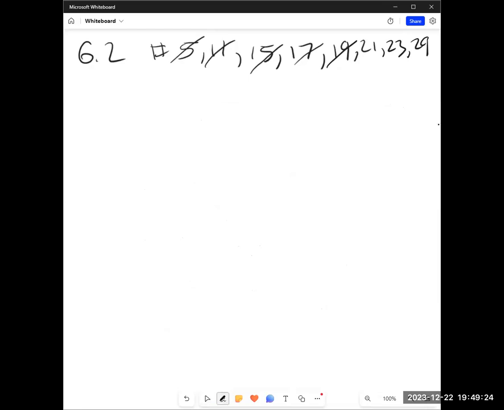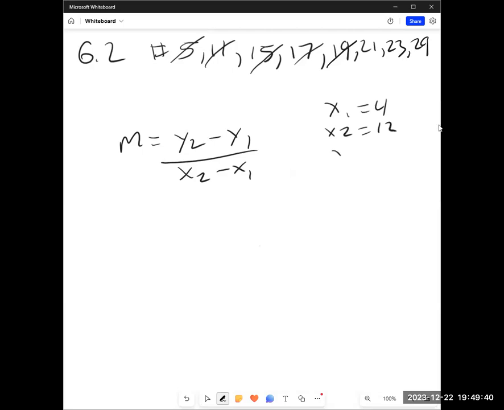Now that slope formula that we talked about in our last video, they want us to say that x1 is equal to 4 and x2 is equal to 12 and y1 is equal to 4 and y2 is equal to 6. And they want us to find the slope.